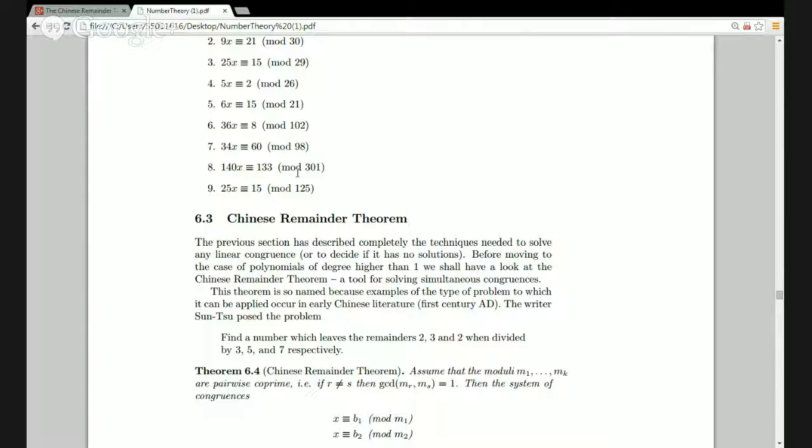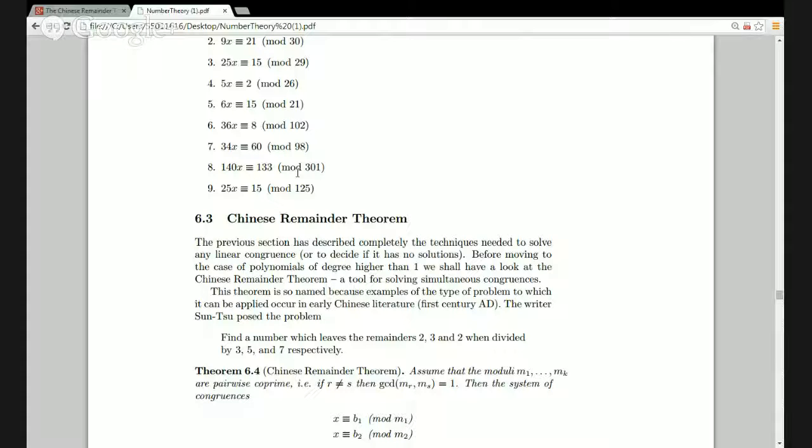Now we've looked at a special case of this already. We've analyzed the case of linear polynomials, polynomials of order 1, i.e. the problem of solving ax congruent to b modulo n.